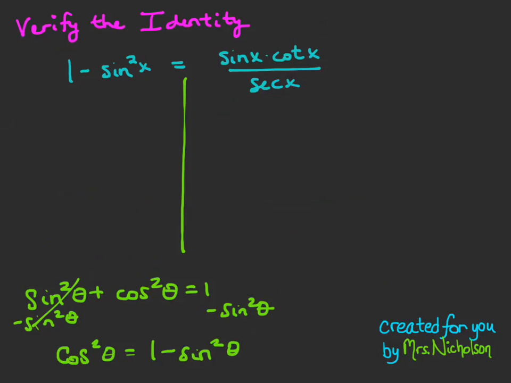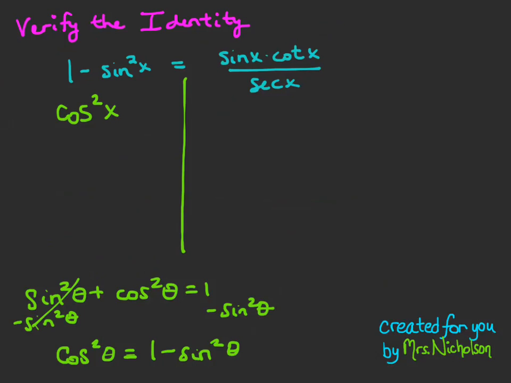The sine squared plus cosine squared equals 1 could also be expressed as cosine squared equals 1 minus sine squared. And so that means that back up here where I have 1 minus sine squared, I can replace that with cosine squared. And that's probably about all I can do on the left. Let's move over to the right side and see if we can do something over there.